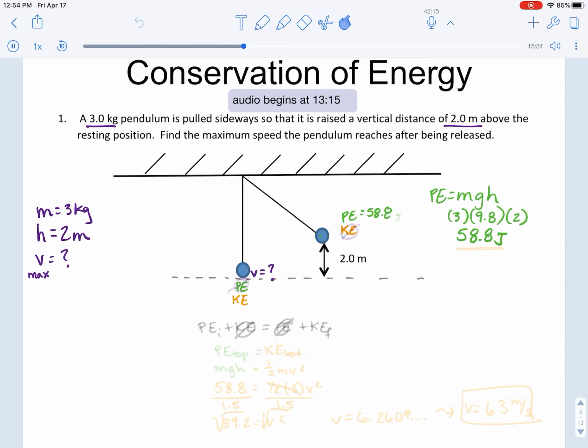Now, we hopefully understand that the object is initially at rest while it is being held in that position, and it won't have a speed until it is released. So we would say kinetic energy here is 0, okay?